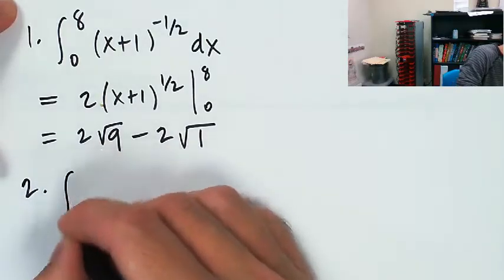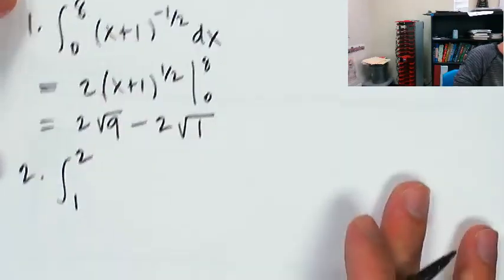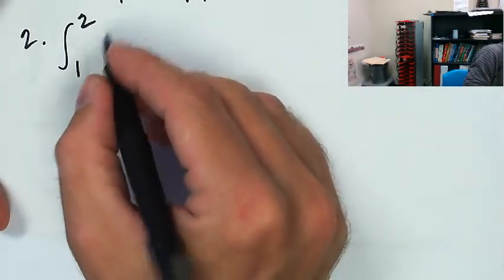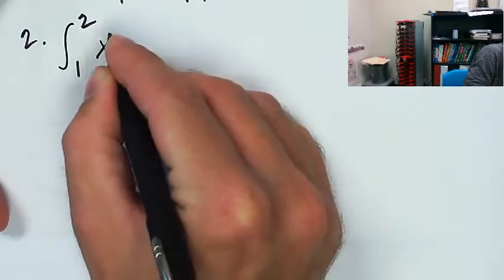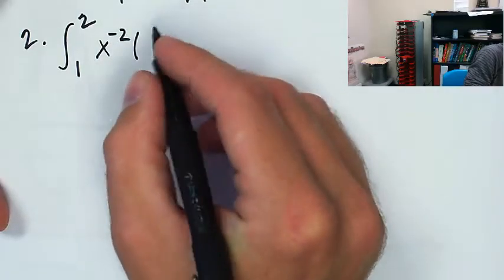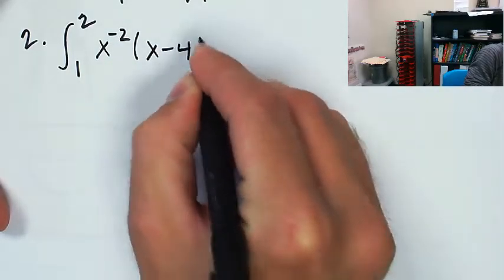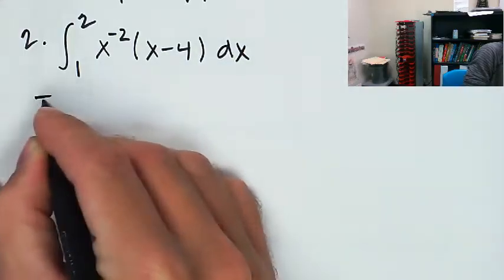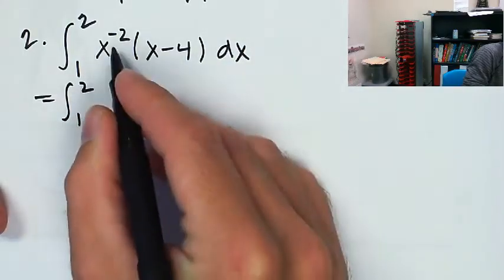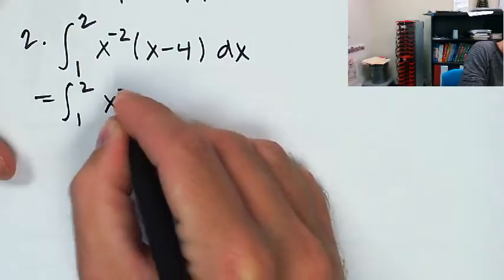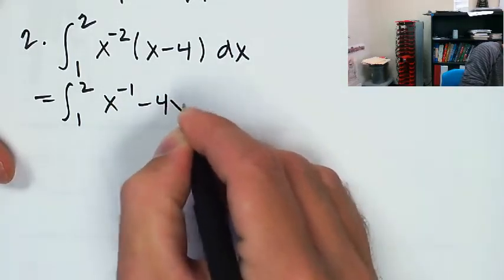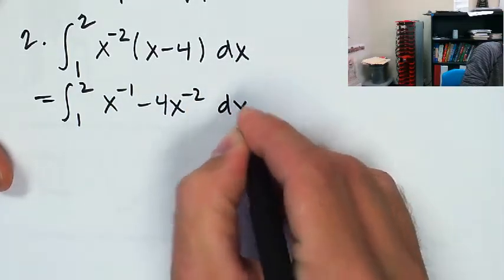Number 2. Integral from 1 to 2 of x minus 4 over x squared. I might call that x to the negative 2 times x minus 4. Use the algebra before anti-differentiating. So this is x to the negative 1 minus 4x to the negative 2 dx.